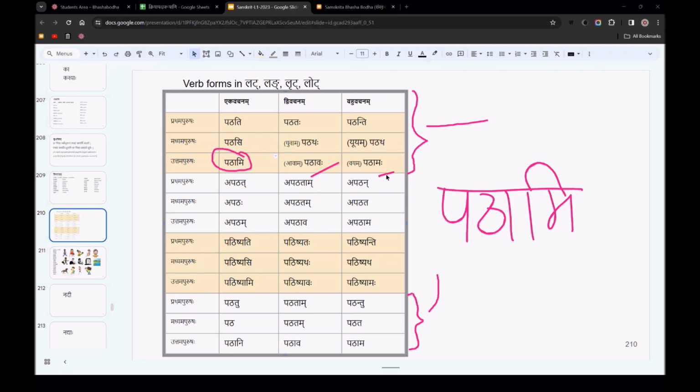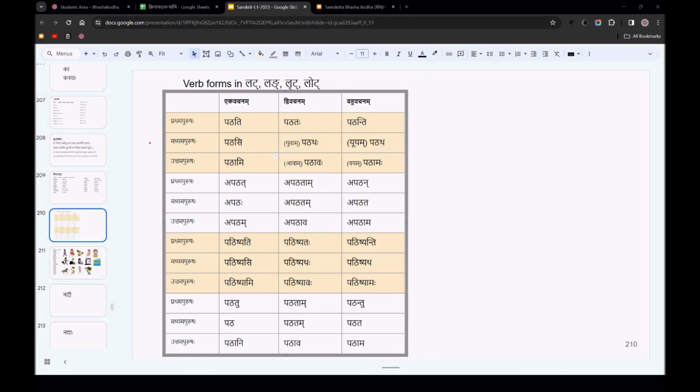Patamaha means we are reading. Same thing with all these Uttama Purusha forms. Since they can be used with only aham, avam or vayam, they are implied even if not said.